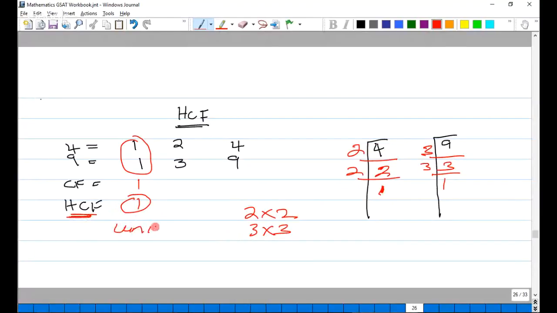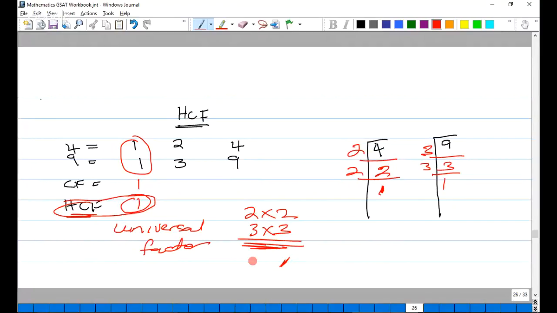Why? Because 1 is a universal factor. So 1 could go into 4 and 1 could go into 9. So there is no highest common factor. The only thing we could use there is 1, and 1 is universal. Clear? Yes, sir.